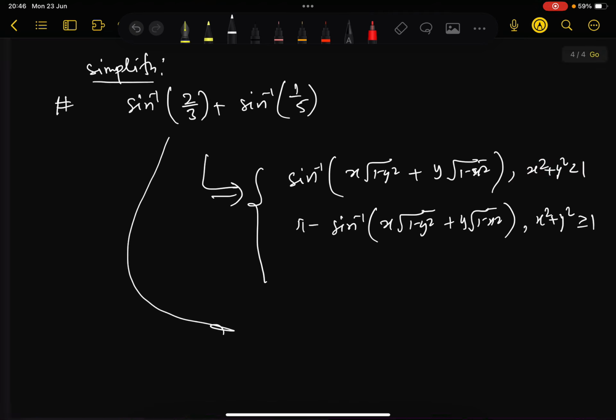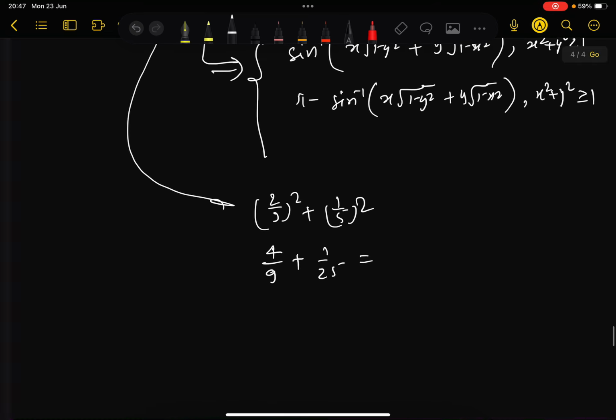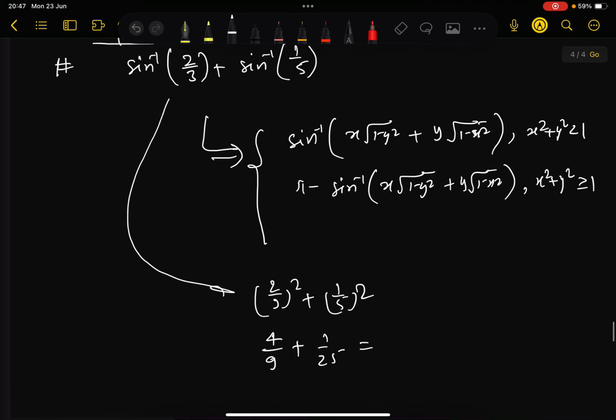So here 2 by 3 square plus 1 by 5 square. So this is 4 by 9 plus 1 by 25. Let's solve this completely.